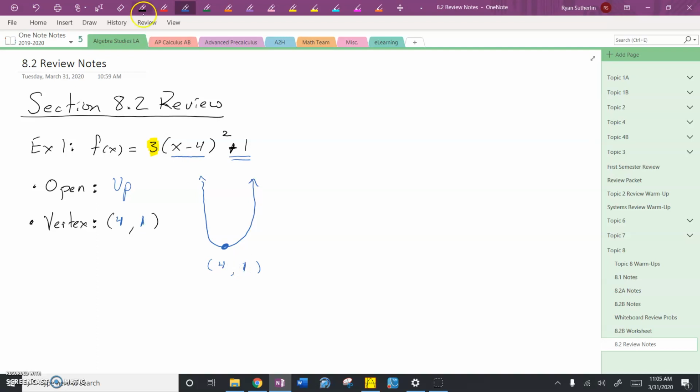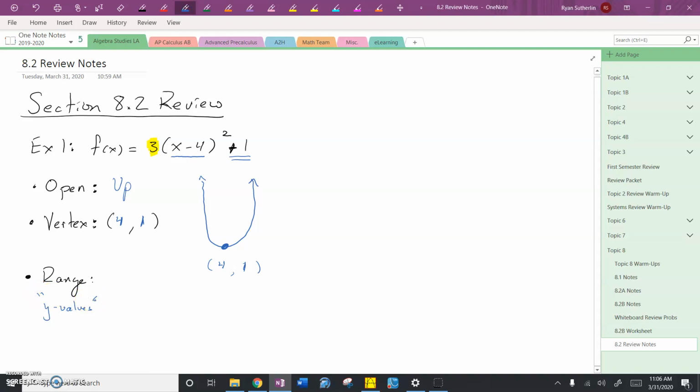And then the last thing I want to do today is talk about what the range of this function is. And remember, the range is the set of y values.